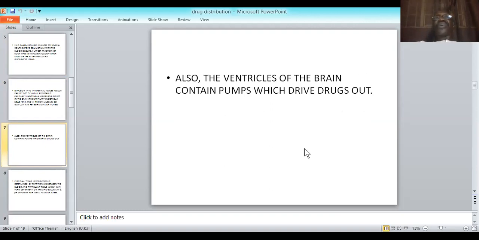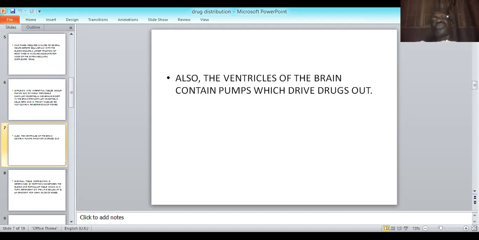You have P-glycoproteins there, and these have a pumping action. They serve as pumps. They pump drugs out of the brain. So drugs don't concentrate in the brain so easily.